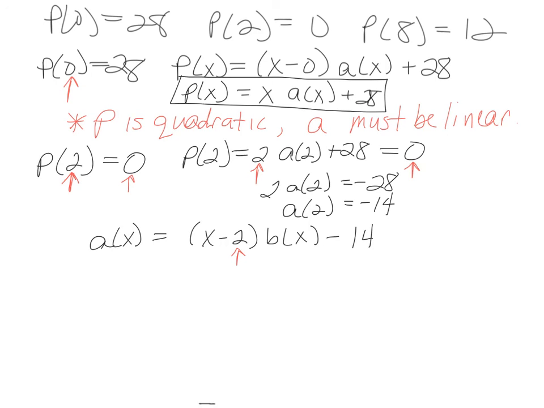Okay, we're using that remainder theorem form. All right, so now what do we know about the polynomial b? If we know that p is a quadratic, a must be linear, and b must be a constant.